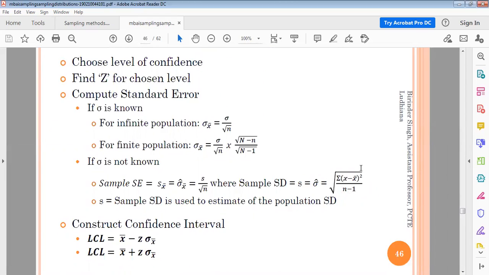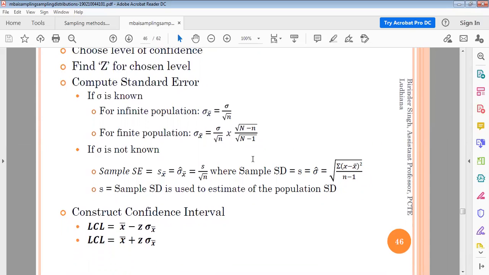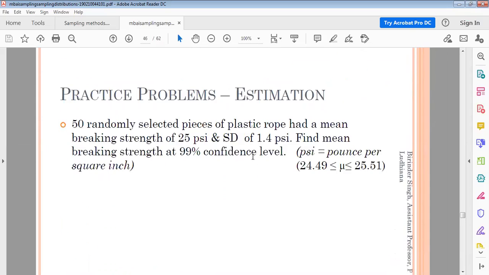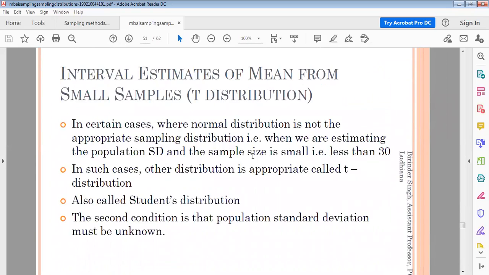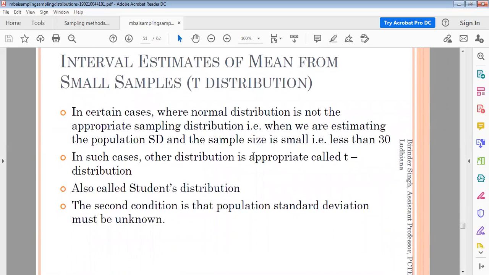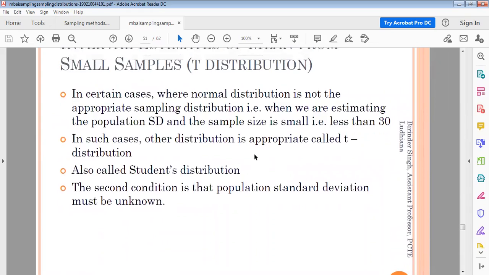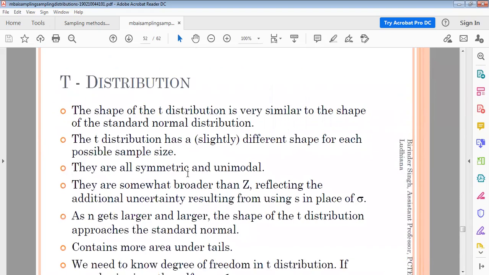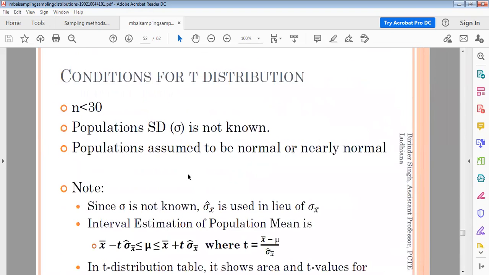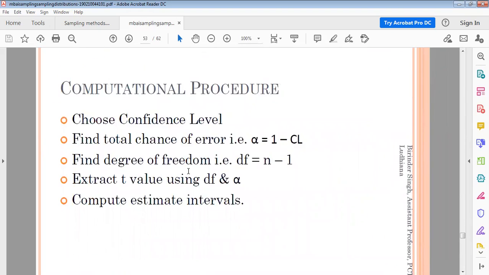We have used this in our test of hypothesis. This is a practice problem. This is the T distribution we have discussed in our previous lectures. Understand? This is why I'm not repeating this.